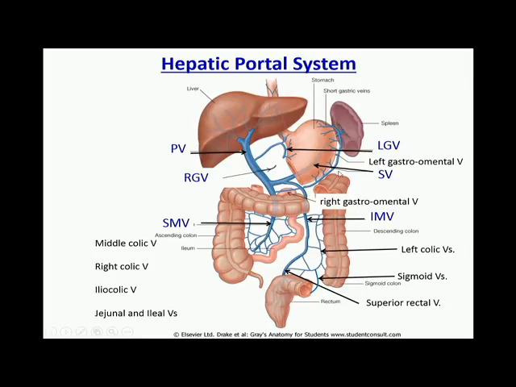This is connected by the veins draining the foregut structures, which include your splenic vein, then your left gastric and right gastric veins. The superior mesenteric vein is joined by the splenic vein to form the portal vein. The inferior mesenteric vein usually drains directly into the splenic vein before it joins the superior mesenteric vein.